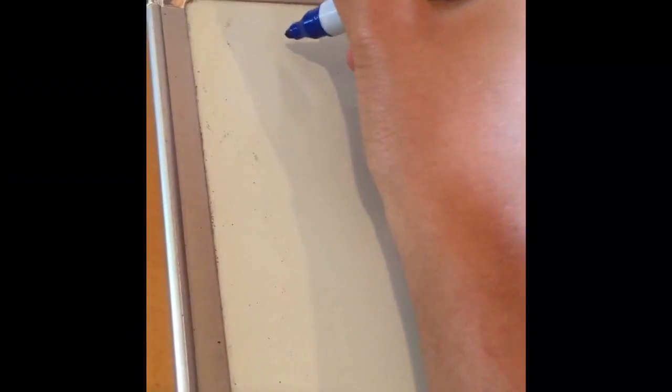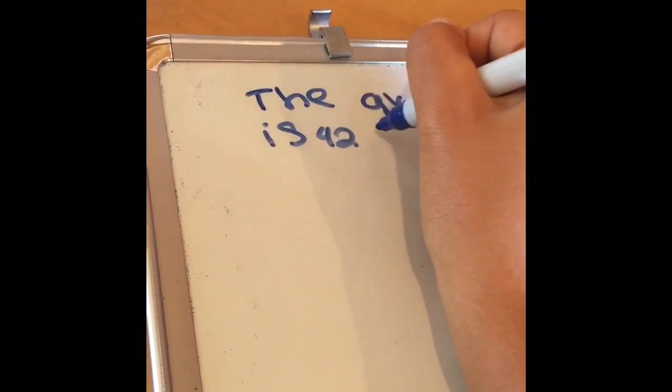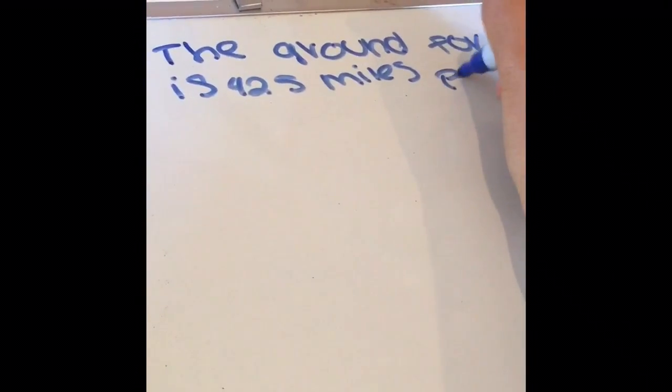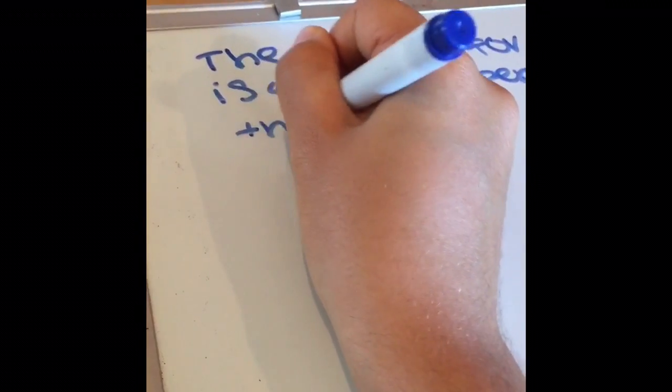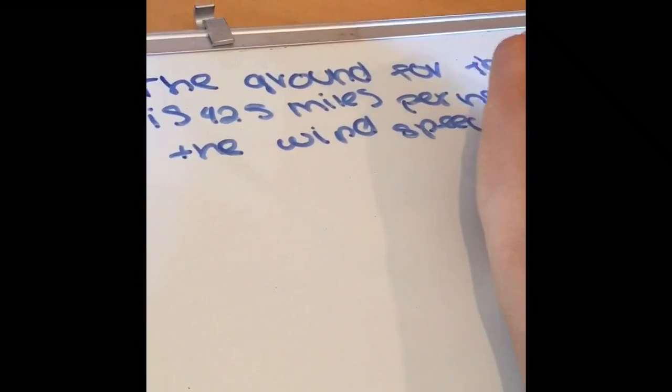So the answer to this question is the ground speed for the plane is 425 miles per hour, while the wind speed was 25 miles per hour.